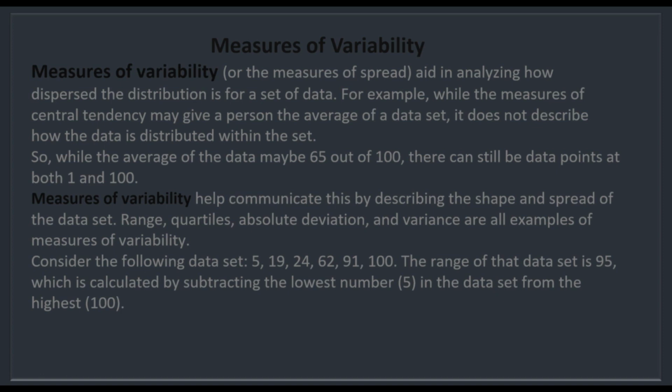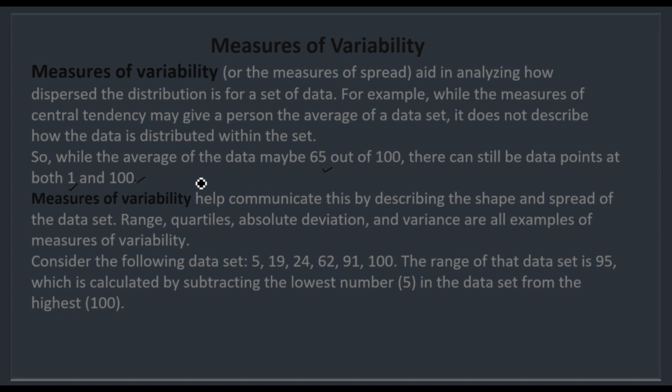Measures of central tendency do not concentrate on that; they only concentrate on the average of the data set. So while the average of a data set may be 65 out of 100, if it is based on a mark list, it is possible that some student scored 1 mark or some other student scored the full mark.